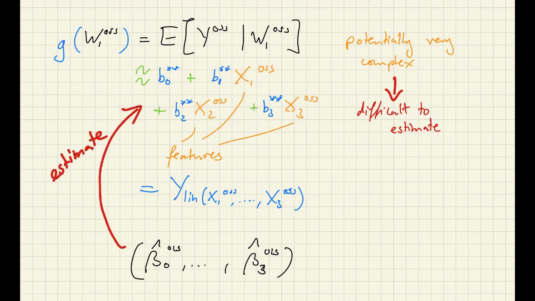To be sure that the OLS estimator gives us unbiased and consistent estimates of these coefficients, we just require that the training sample is a random sample. No other assumptions are required.